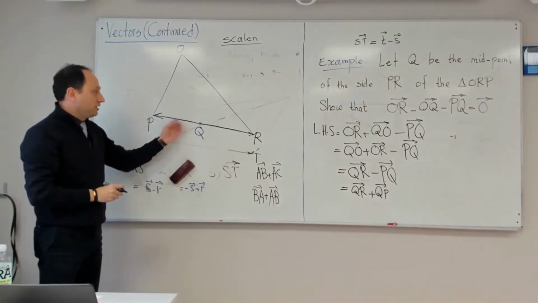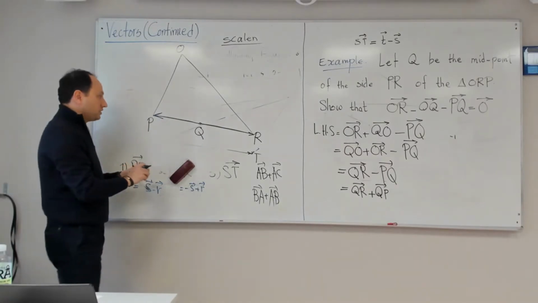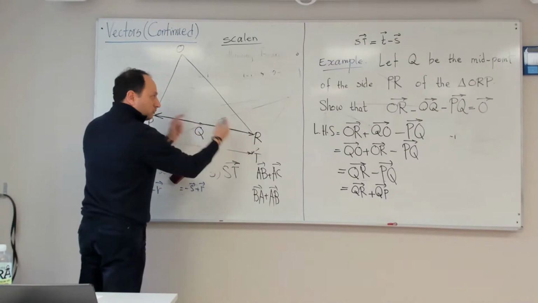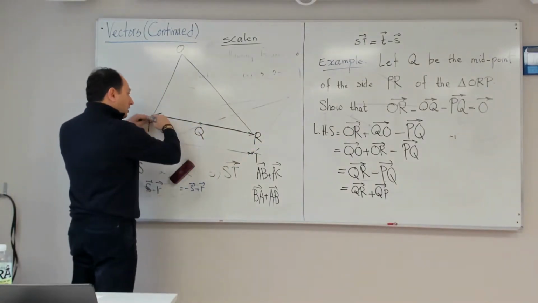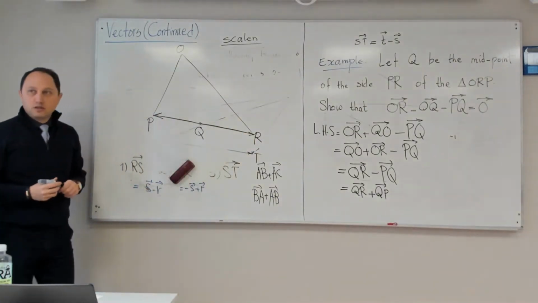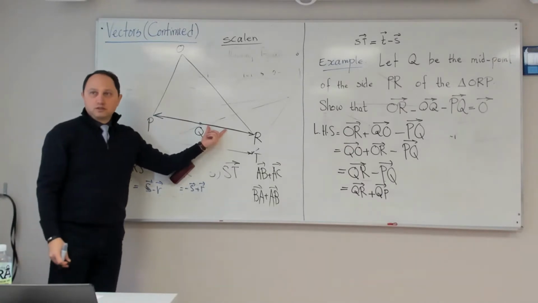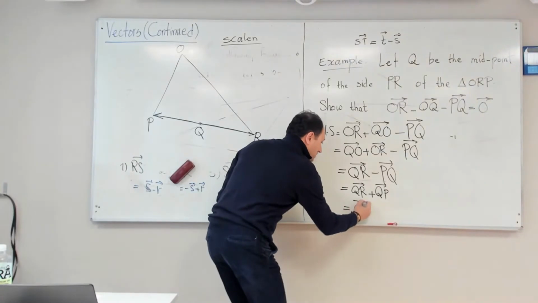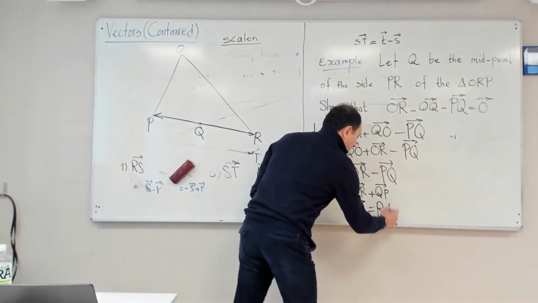But now, are you convinced that the sum of these 2 vectors is 0? Yes, because they are of the same length. Why? Because it is mentioned Q is the midpoint. They are on the same line and pointing in opposite directions. So these 2 vectors are negatives of each other. When I add them, this becomes the 0 vector. And this is the right-hand side. And then I am done.